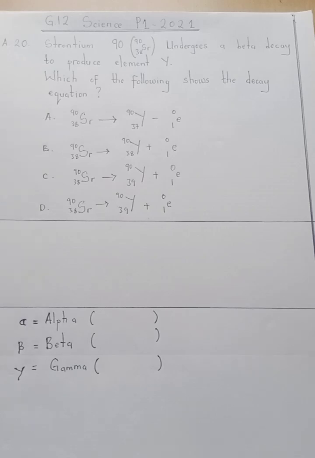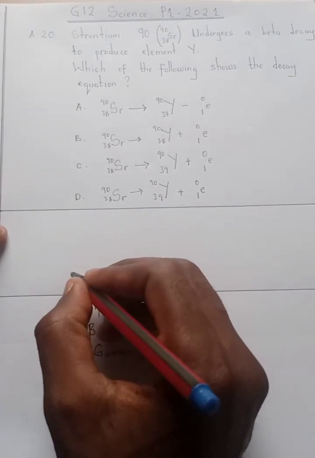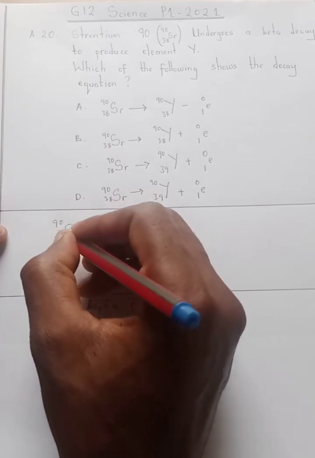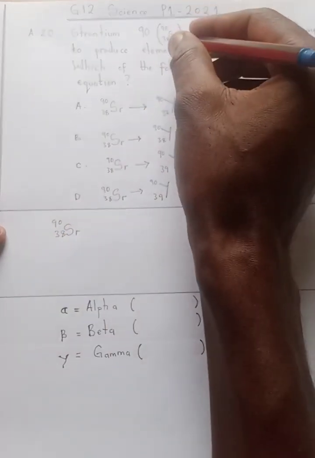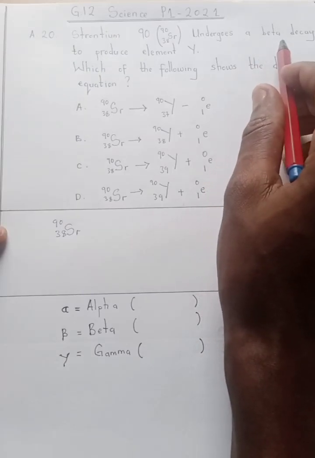So we have 4 equations here. Now to answer this question, let's pick out the 3 things we need. First, we are going to pick out strontium-90 with this nuclide notation, this one here. Then we also pick the beta particle, you see.